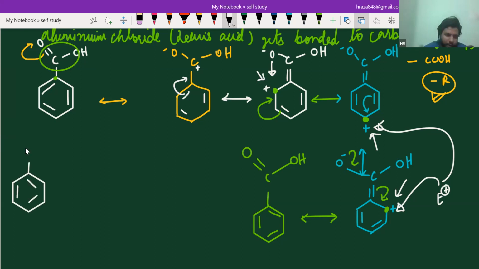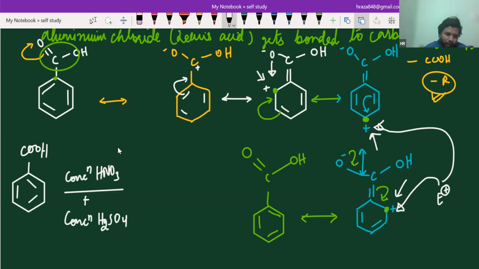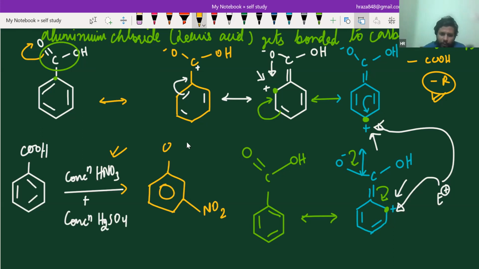If you are going to react this with concentrated HNO3 plus concentrated H2SO4, there is formation of electrophile which can easily attack on meta position, because at least on meta position there is no positive charge.